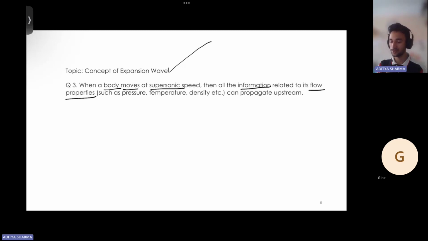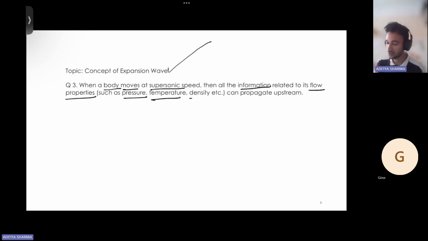So the flow in which this body is moving, the properties of that particular flow, in terms of pressure, temperature, and density, which we have been discussing in normal shocks also, and in oblique shocks also, and expansion waves here also.